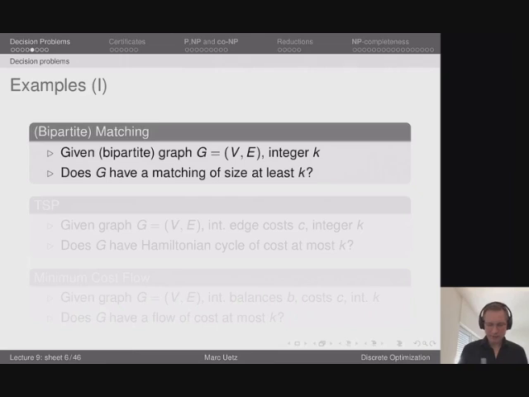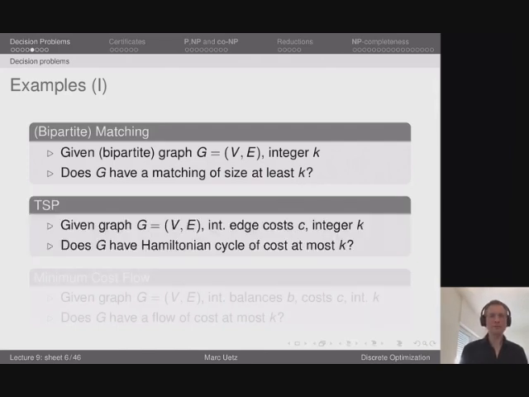So a couple of examples. For example, for the matching problem, given a graph, bipartite or non-bipartite, and an integer k, we would ask, does the graph have a matching of size at least k? Because this would be a maximization problem, yes or no, right? And in this way, we can partition the graphs into those that do have a matching of size at least k and those that don't.